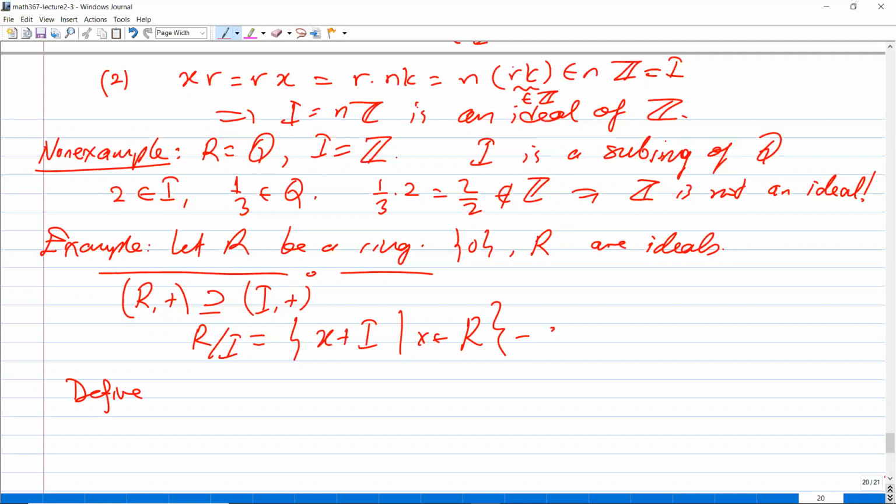This is the set of cosets, or left cosets. Left cosets and right cosets are the same. So let's define an addition and multiplication on R over I as follows.